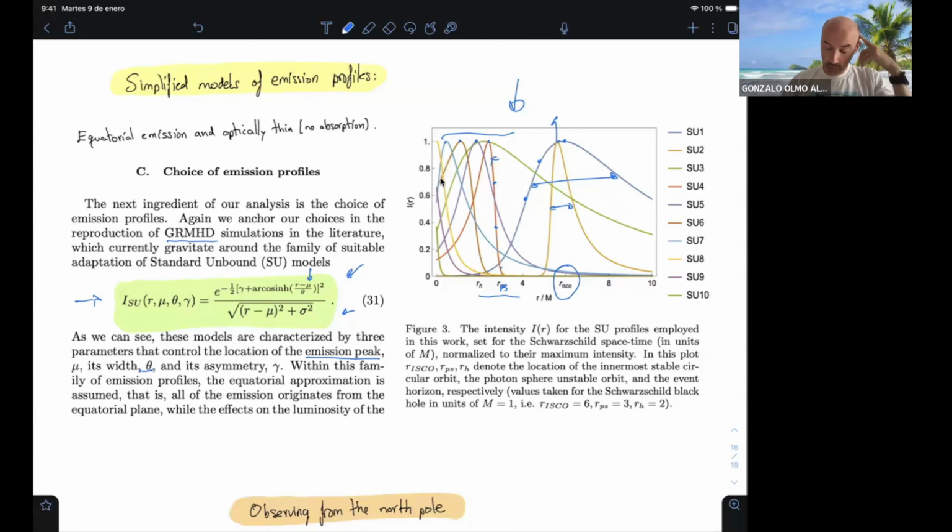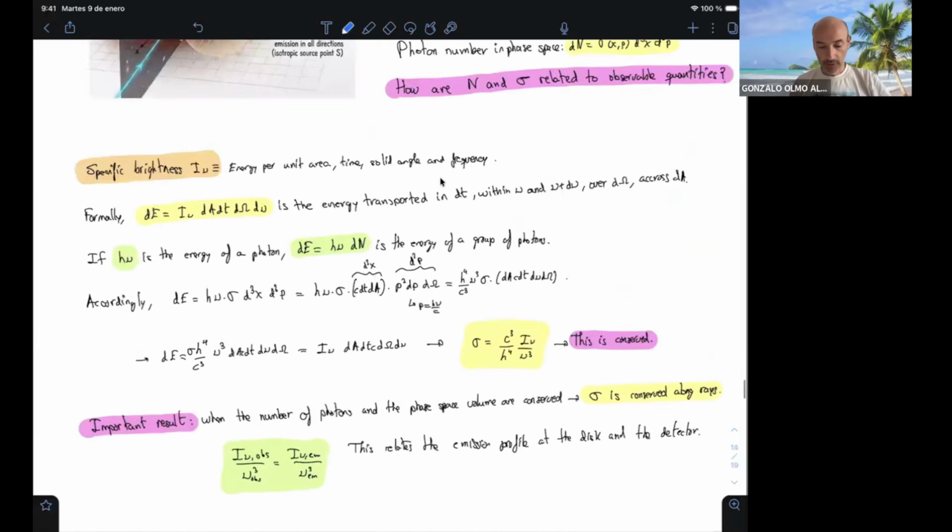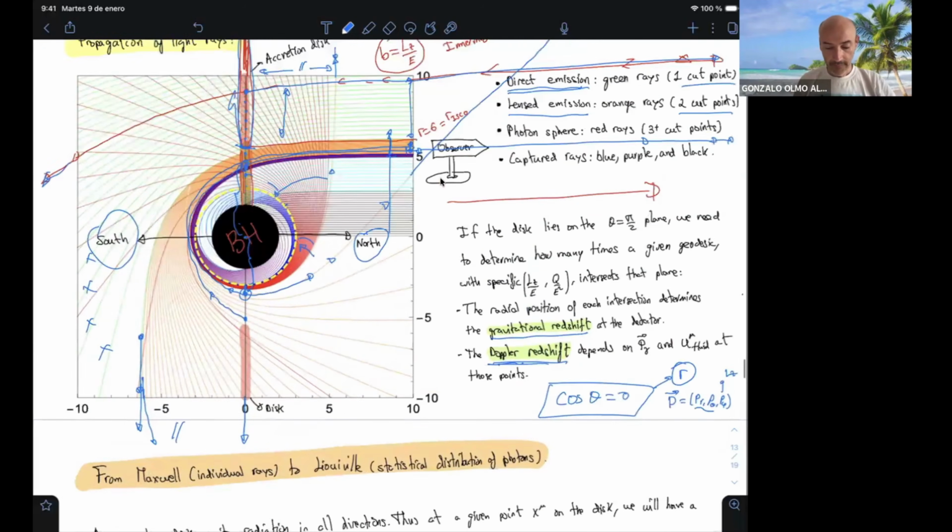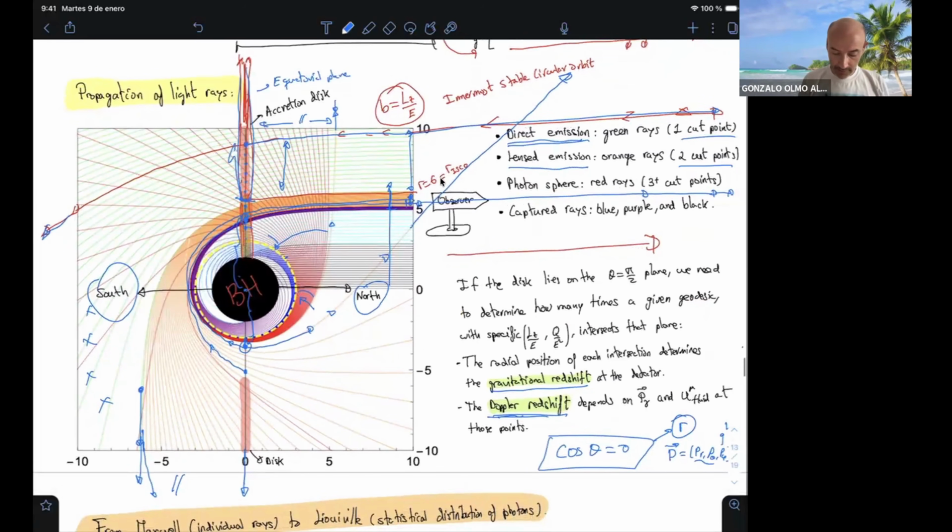Good. So now that we have a given intensity profile, that is what I was representing here when I did this curve. For instance, we put the maximum intensity here, and then it decays exponentially, okay? Something like this. This is the maximum intensity in different locations.